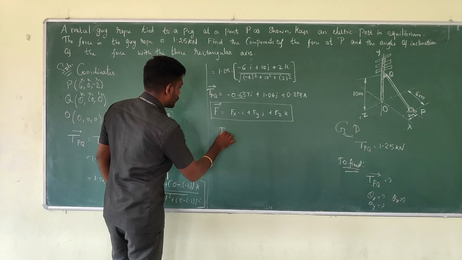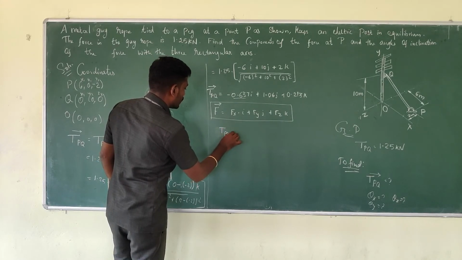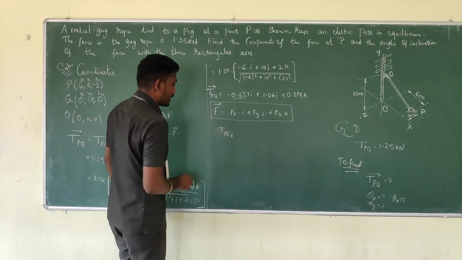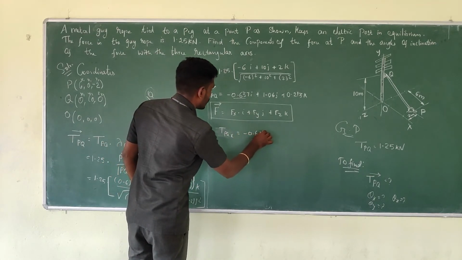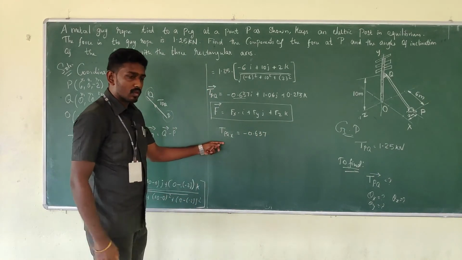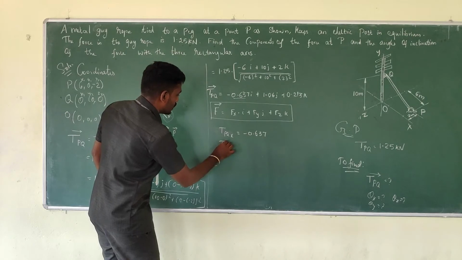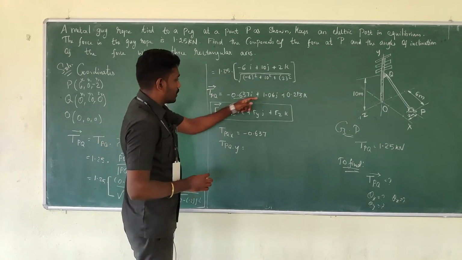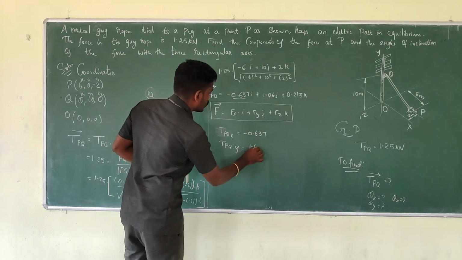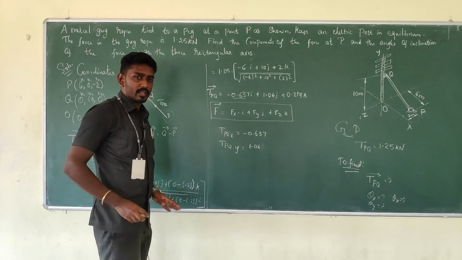So try to take the answer for the Fx. TPQ in x direction, which is minus 0.637, and TPQ in y direction, which is 1.06, just take the magnitude.